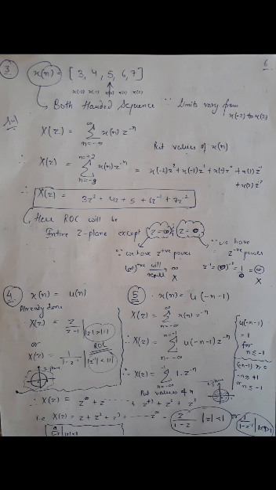Now the important thing is what will be the ROC. Here the ROC will be the entire z plane except z equals 0 and z equals infinity. Now the question is why we exclude these two limits. Because in our answer we have both positive powers of z and negative powers of z.